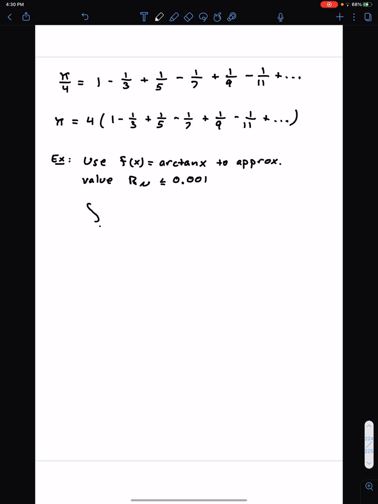Approximate the integral from 0 to 3/4 of arctangent of x squared dx.